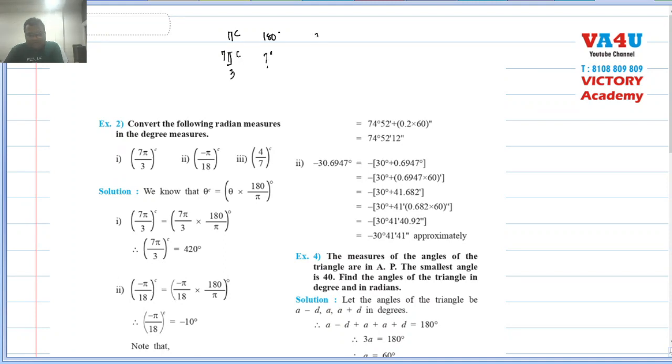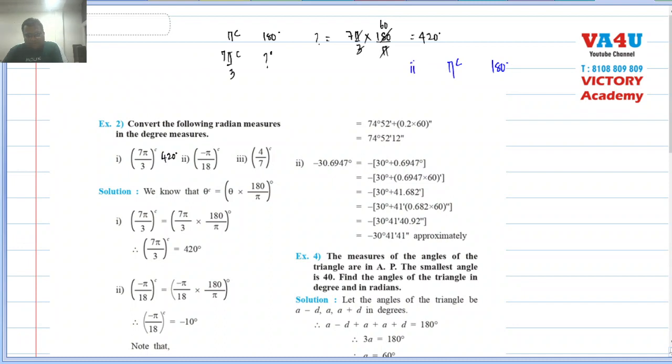We have to find 7 pi by 3 radians is how many degrees? We don't know. So question mark is equal to 7 pi by 3 into 180 upon pi. So 60s are 360, 7 6s are 42, 420 degrees. So answer for this is 420 degrees. Let's do the next question. Minus pi by 18. We know that pi radians is 180 degrees.